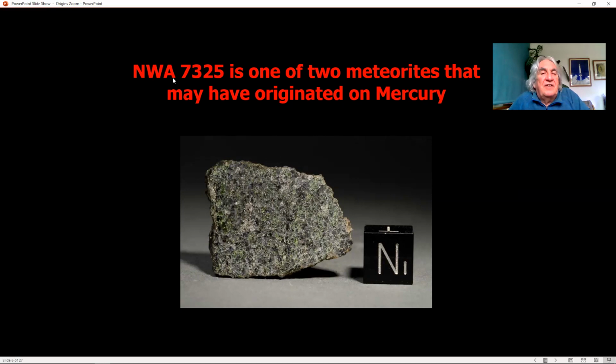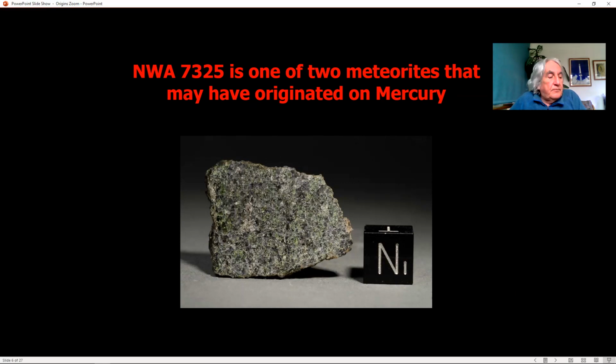NWA stands for Northwest Africa. 7325 means it was the 7,325th stone found in that region of North Africa. He obtained it in Morocco from one of the local collectors, and instantly recognised that it was a diogenite, which is from below the surface of a planet. And once it had been chemically analysed, I knew it was something unusual. It was quite different looking.